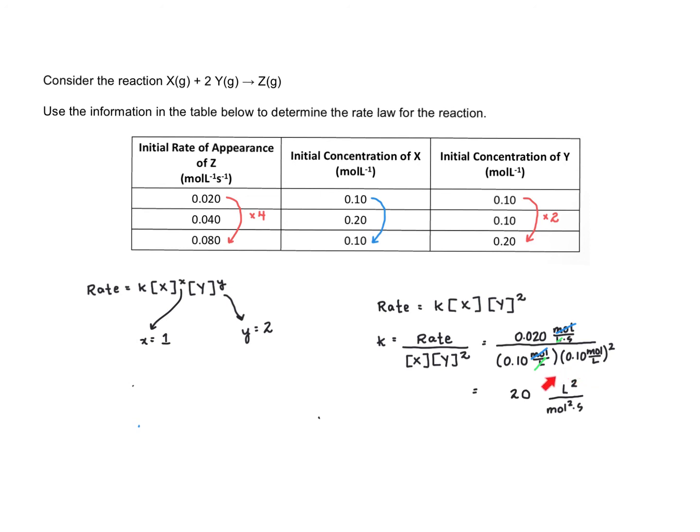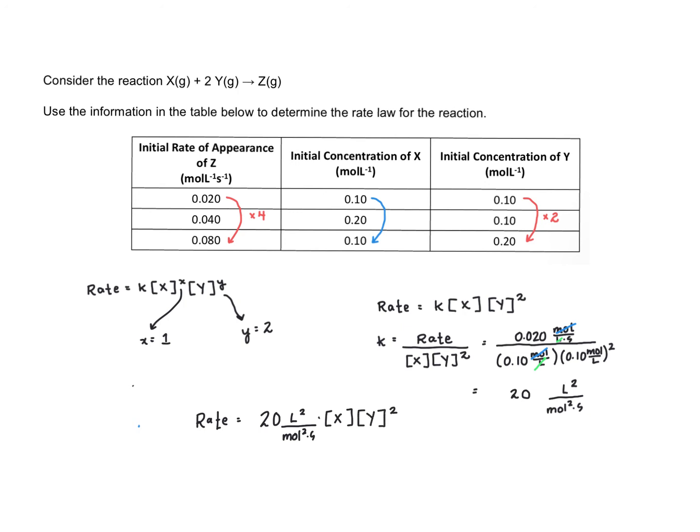The units of your rate constant will depend on the exponents in your rate law, so may be different for different reactions you study. So we can rewrite our rate law now with our rate constant as the rate equals 20 liters squared per mole squared seconds times the concentration of x times the concentration of y squared.